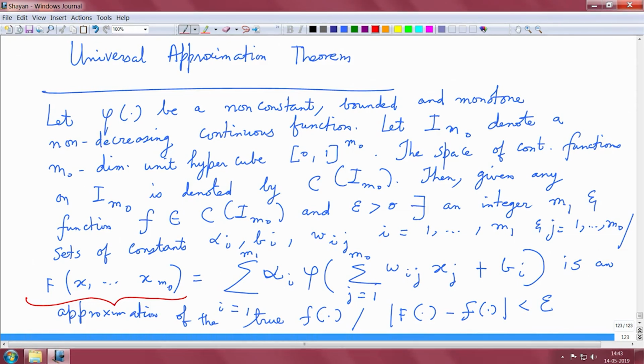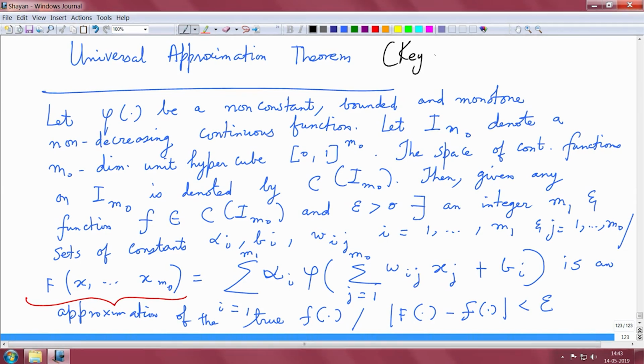So, let us forget the decision step at this moment, but using this form, you can approximate the true function. And the hint is that you can use these hidden neurons, and a single layer of hidden neurons will suffice for approximating this continuous function, and that is the key.